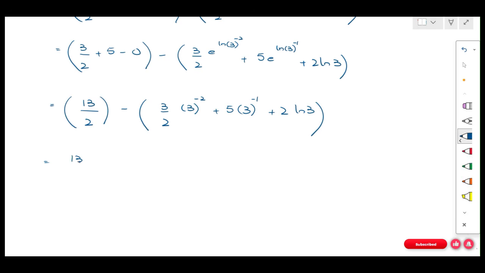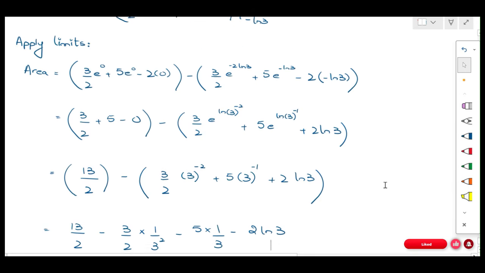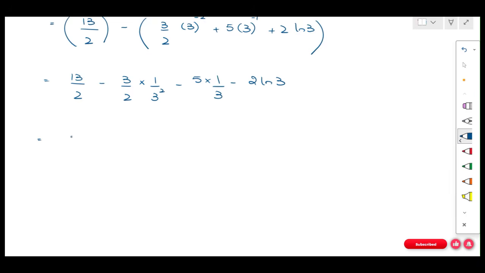So 13 divided by 2 minus 3 by 2 multiplied by 1 over 3 square, minus 5 multiplied by 1 over 3, minus 2 natural log of 3. I open this and put the negative sign inside the bracket. This is 13 over 2 minus, this 3 and 3 cancel out, so it is 1 over 6, minus 5 over 3, minus 2 natural log of 3.